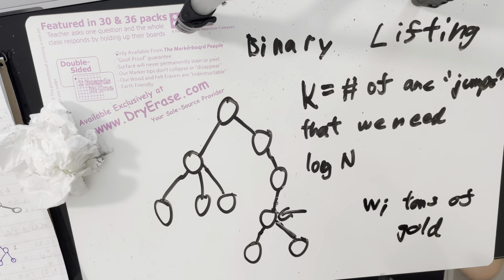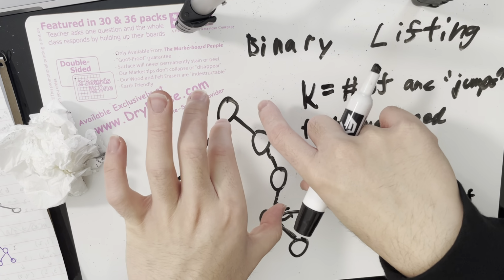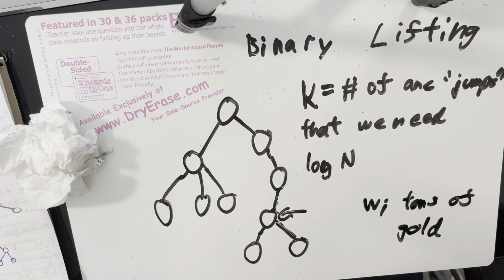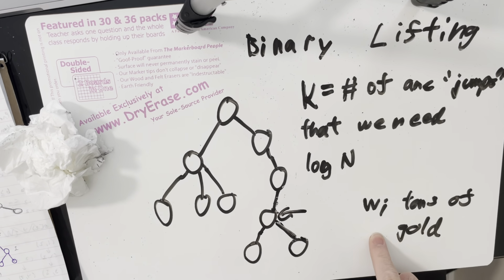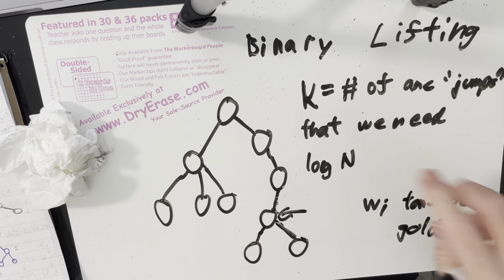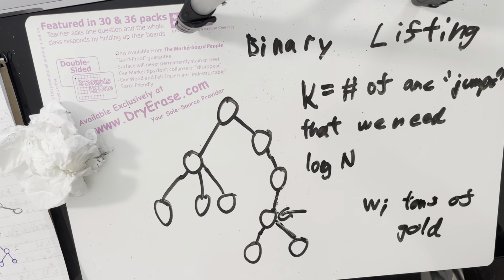And once we find the highest chain that has at least this many tons of gold, we can simply take the sum of all of these nodes, and then for that last node we take some of the gold tons in that node.